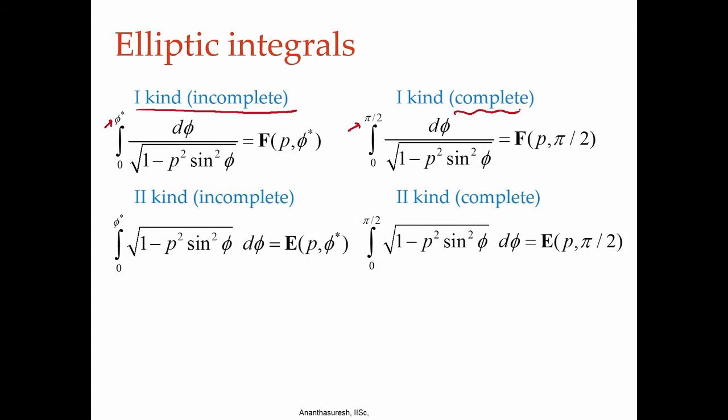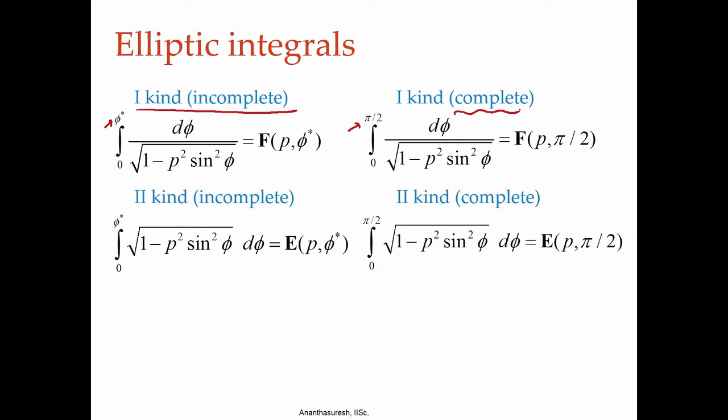These elliptic integrals are very important in mathematics for many reasons. They first arose in terms of computing the arc length of an ellipse. For a circle, we know how to do it, simply r times θ, but for an ellipse it involves these equations.